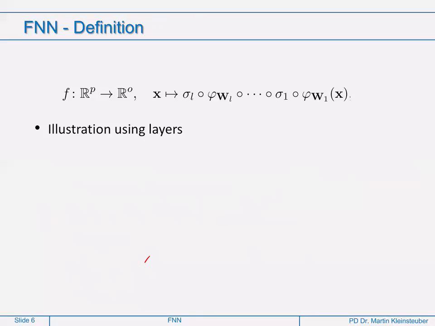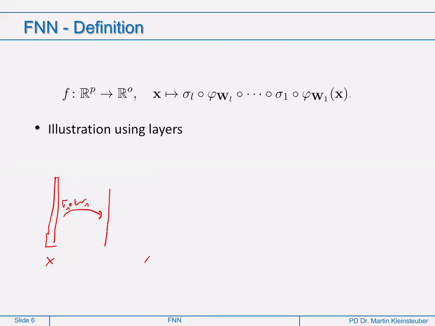So we can have different activation functions. We start with an input x. We apply to that input x a linear transformation W1, and followed by this multiplication with this matrix W1, we apply this activation function, right?